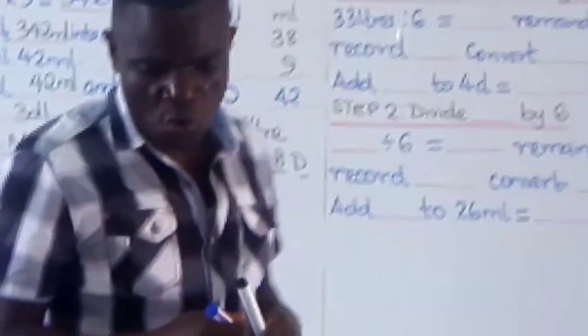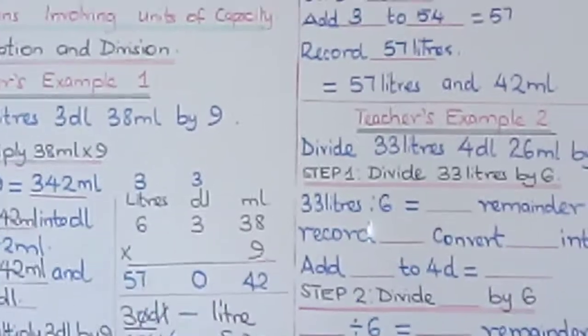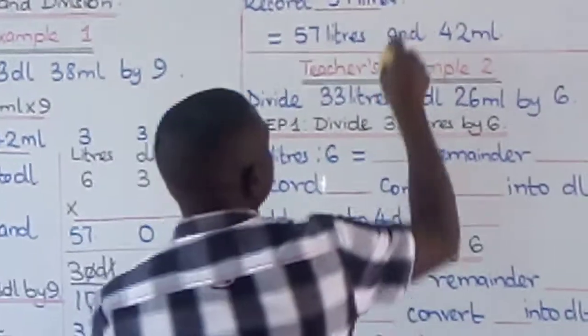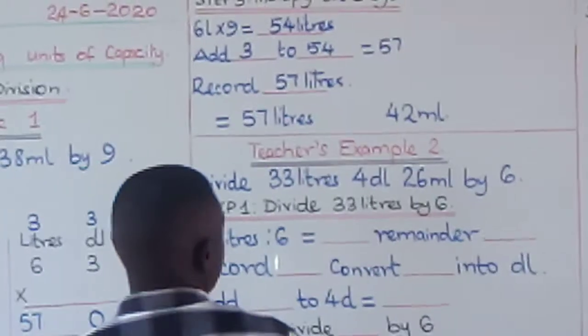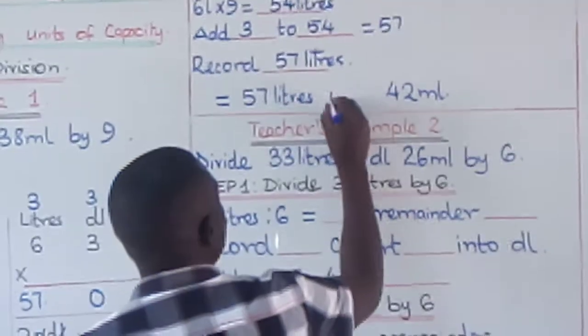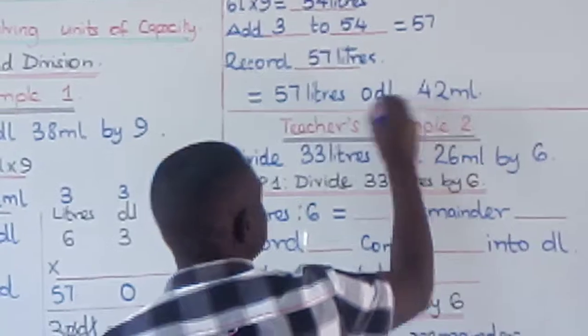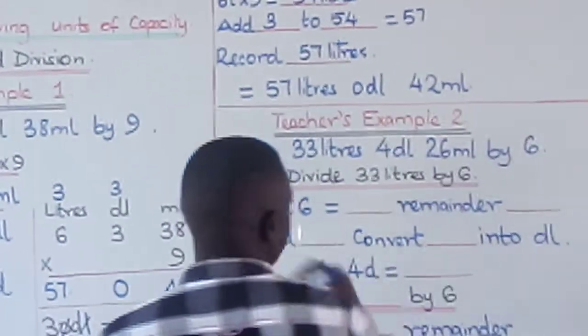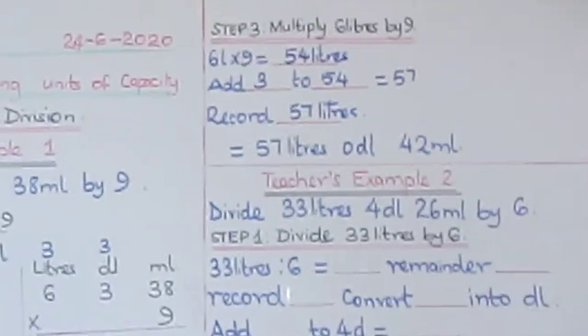There is no deciliter. That is 0 deciliters. You can as well say 57 liters, 0 deciliters, 42 milliliters, and that becomes the answer.